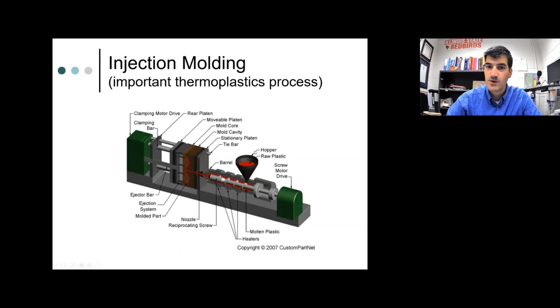You have a hopper where the plastic pellets go in, and then you have an injection screw where it's also heating up the material and melting it. And then this screw is like an auger, and it spins and it pushes the material into the mold right here. The mold usually has water going through it to cool the plastic down and let it solidify.